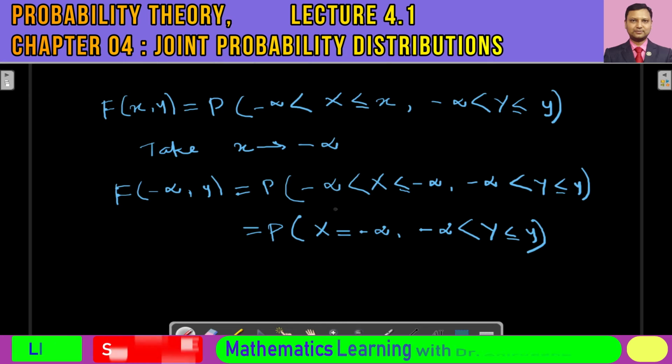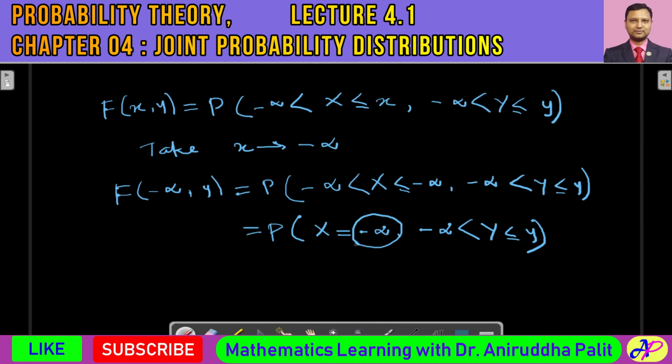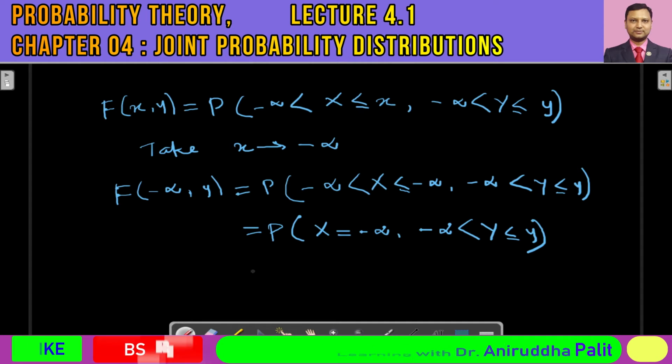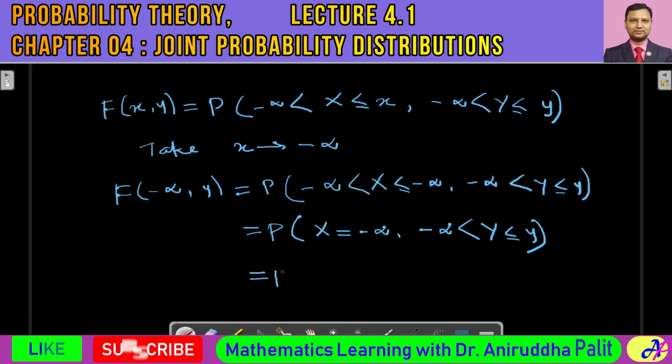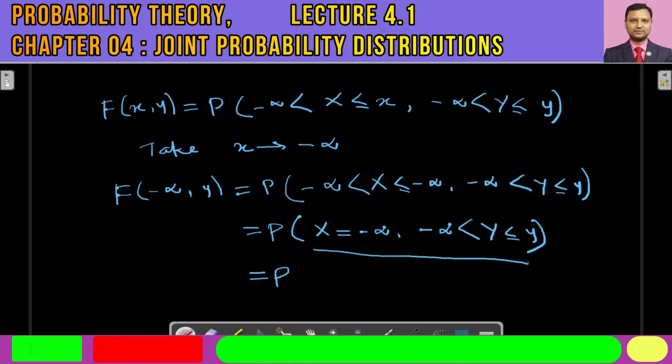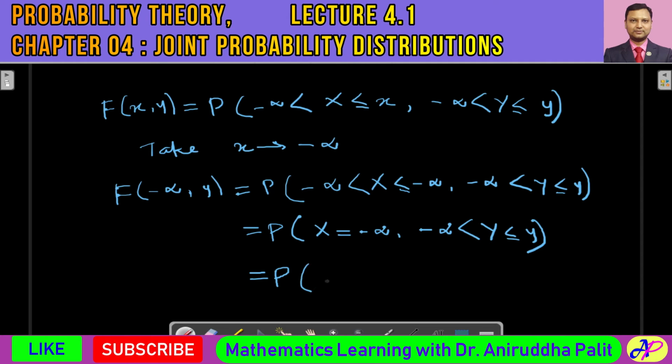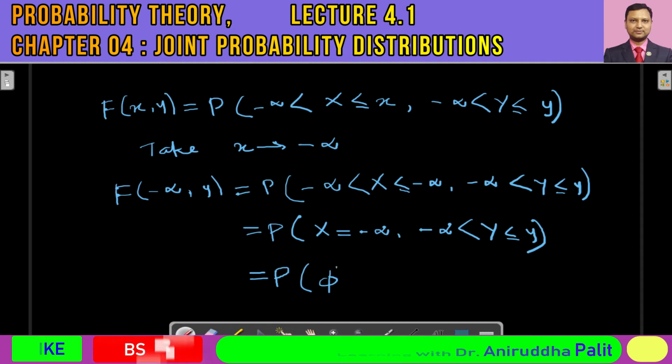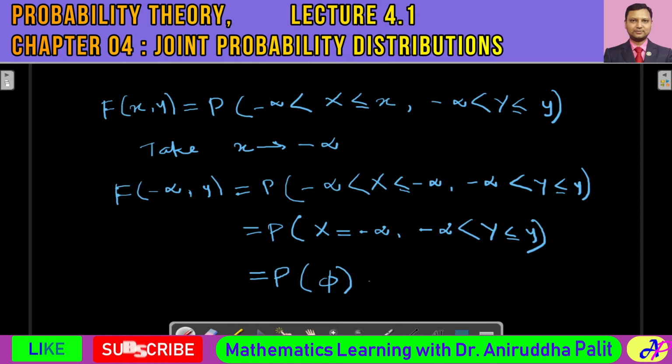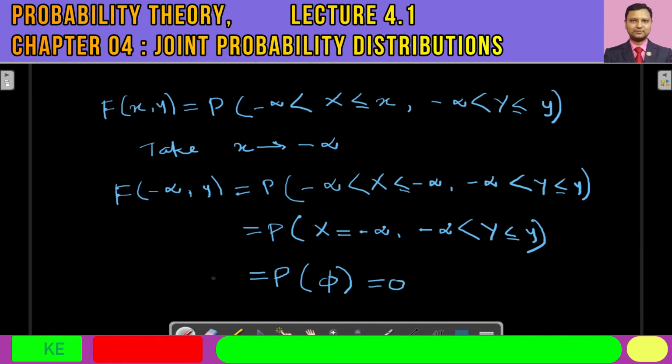A random variable always assumes real values, so it cannot assume minus infinity. It is an extended real number. Therefore this is actually not possible. So this kind of event means an impossible event, and the probability of that impossible event is equal to 0. So f of minus infinity comma y is equal to 0.